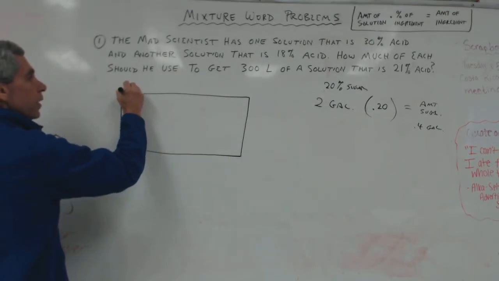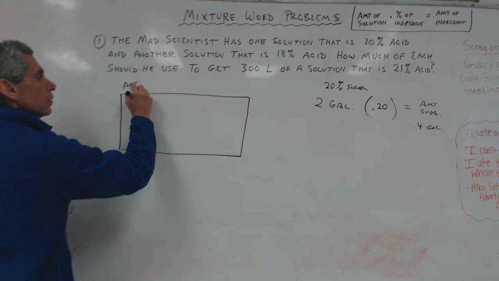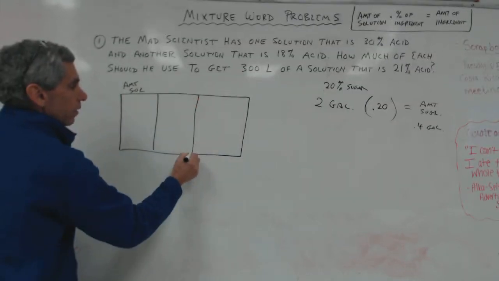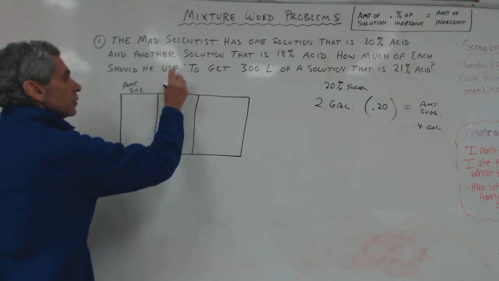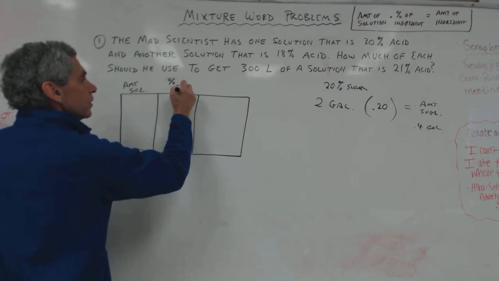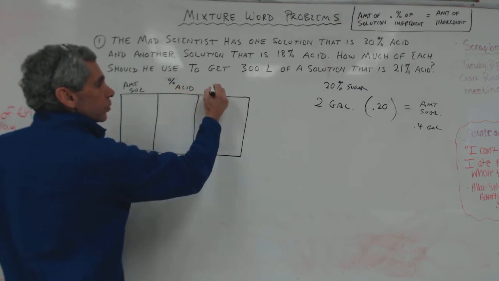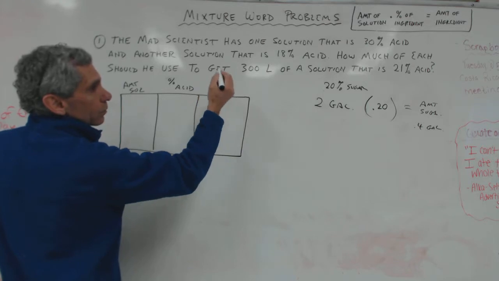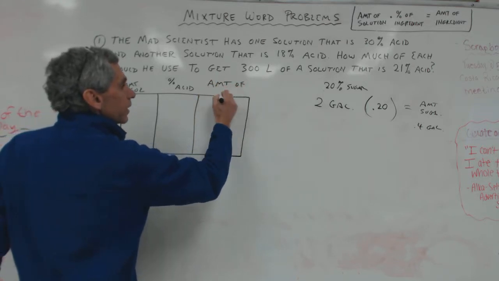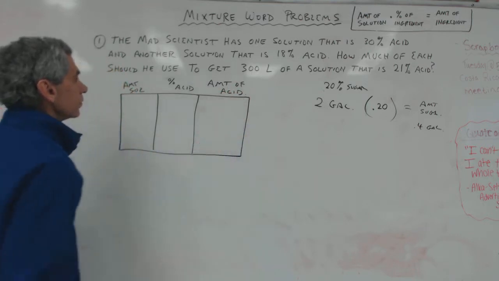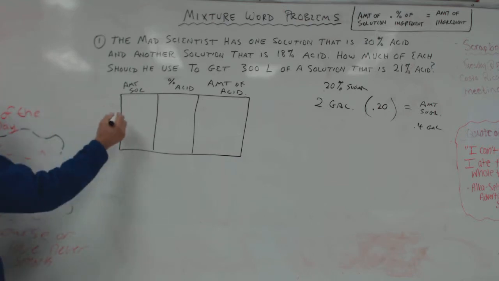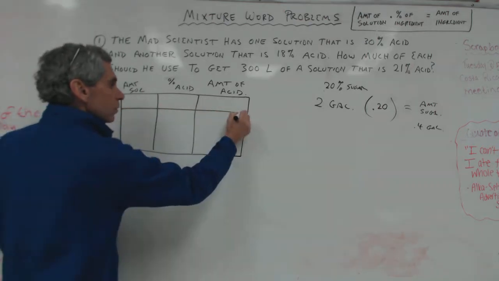We're going to have amount of solution in this column, and then percent, in this case percent of acid, and then the amount of acid. Then I have 3 rows.